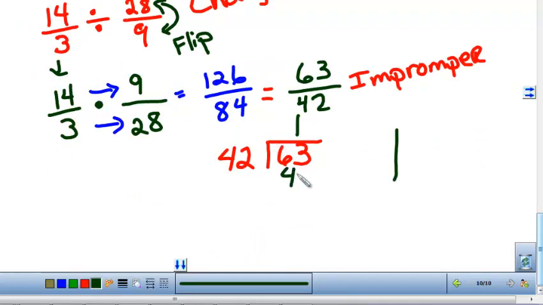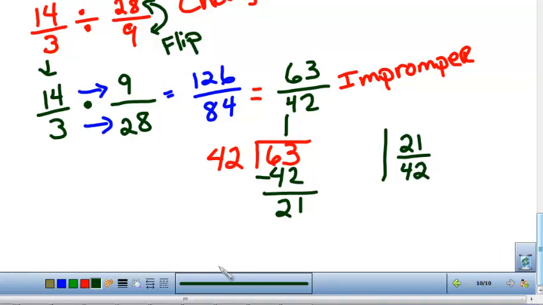1 times 42. And if I subtract, I get 21. So I get 21 over 42. And then when I look at this, this is good, but this I can divide by 3.